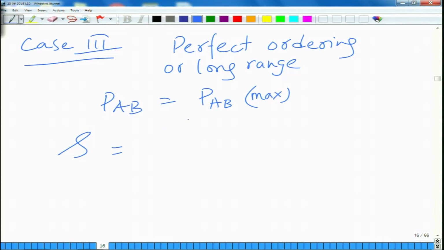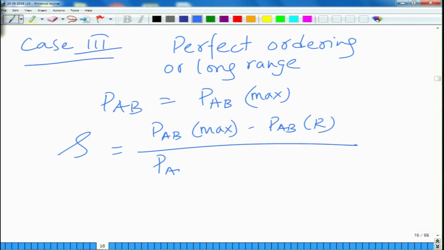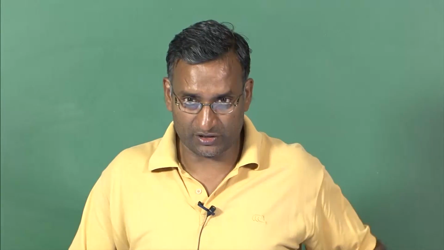So, S would be equal to (PAB max minus PAB random) divided by (PAB max minus PAB random), and this will be equal to 1. So, for a long range ordered solid solution, S will be equal to 1. For a completely random solid solution, S equal to 0, and for short range ordering it would be intermediate values. So, these are the mathematical tools to define the ordering and disordering.